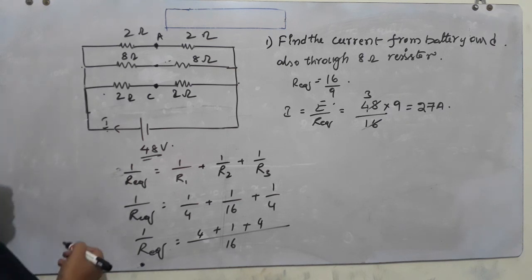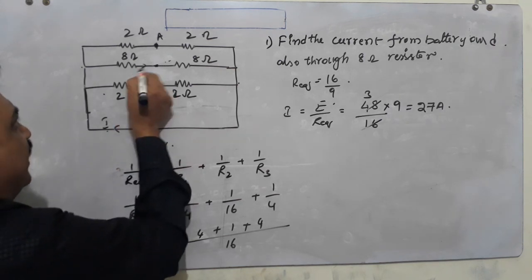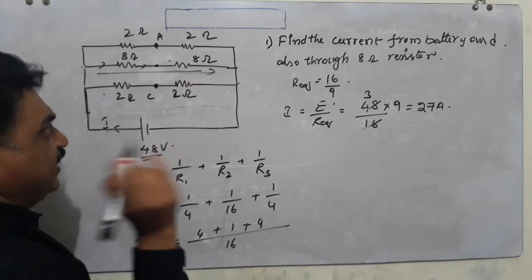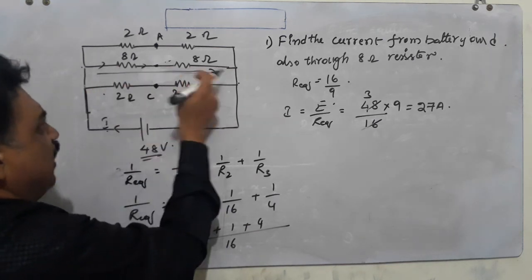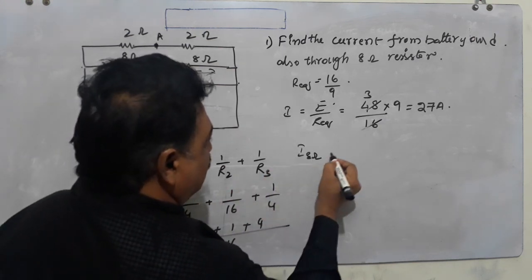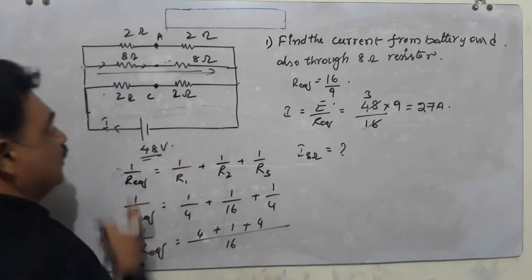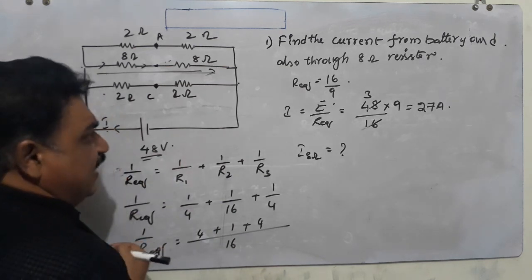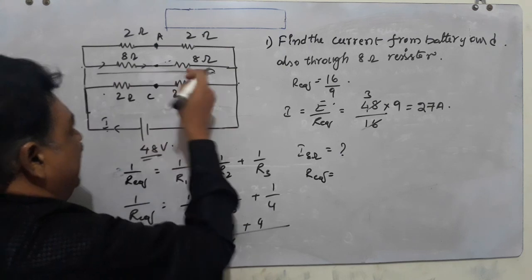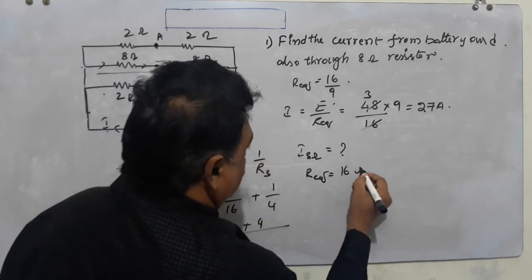Now we are also asked to find what is the current through the 8 ohm resistor. That is why you have to take this path only. That means I in the 8 ohm resistance. In this path, what is the effective resistance? R equivalent is equal to 8 plus 8, 16 ohm.